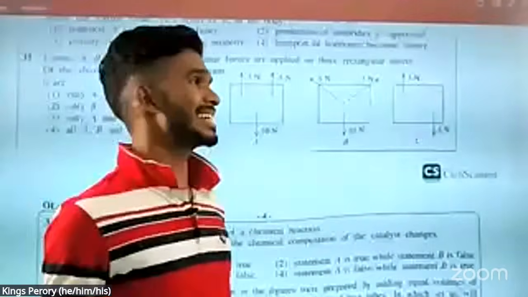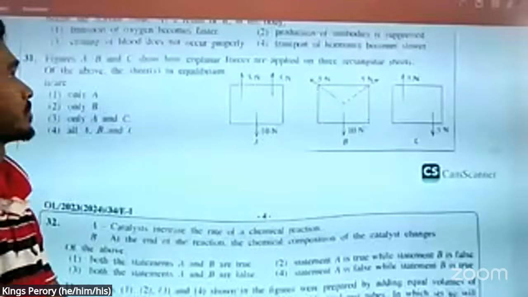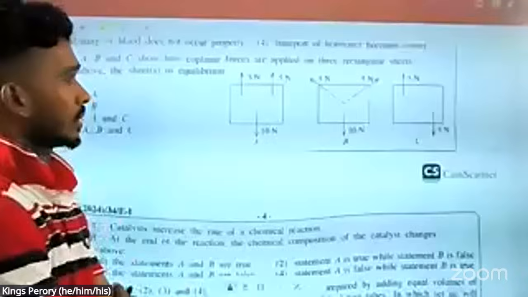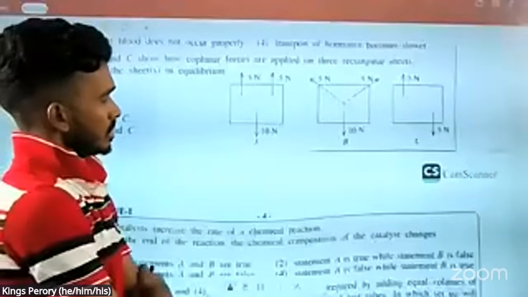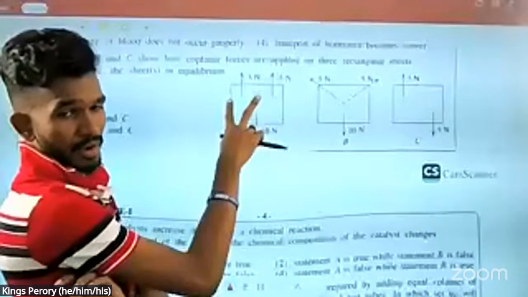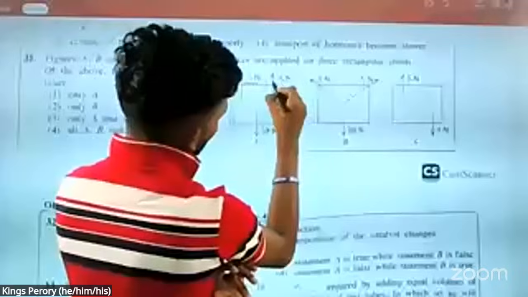in the question, 3 instances are given. They are asking in which instance the object will be at equilibrium. Look at the first one. 10 Newton down, 5 Newton up, 5 Newton up.